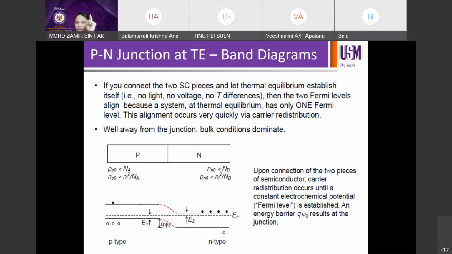So how do you then overcome the barrier? Any idea for now? Kalau nak lepas tembok ke depan, what would you need to do in order to make it easier for you to overcome the barrier? From human perspective lah. Trampoline, right?